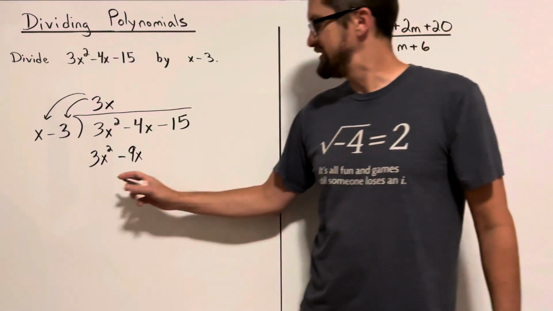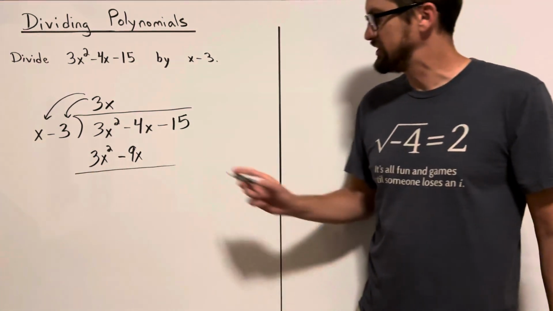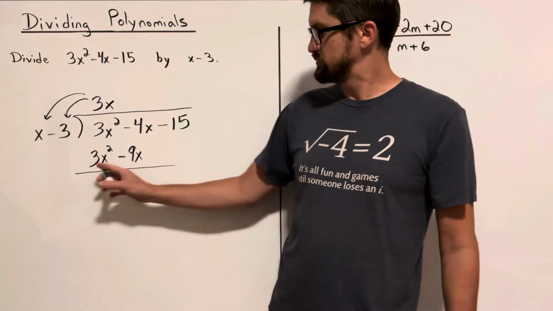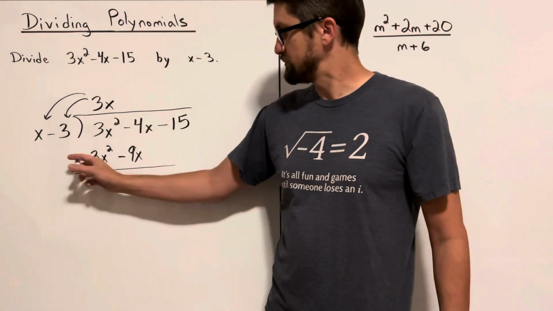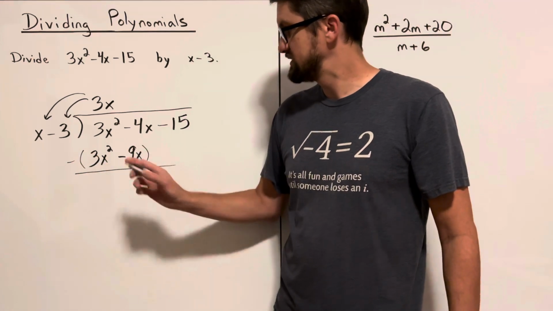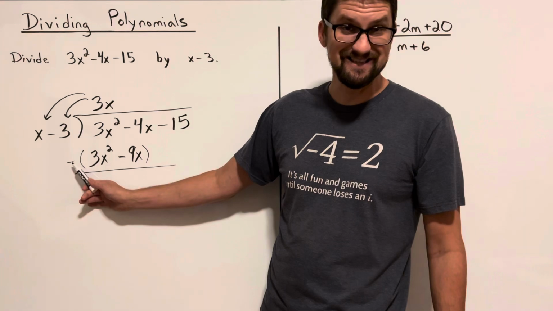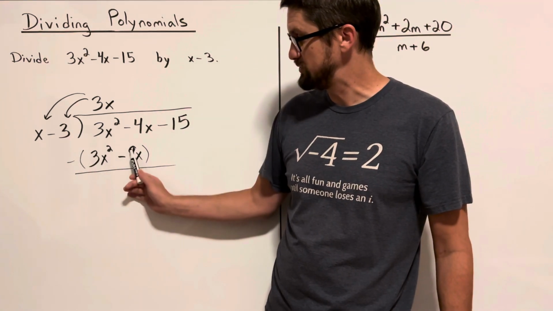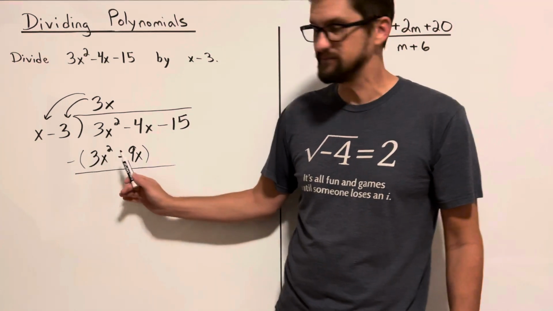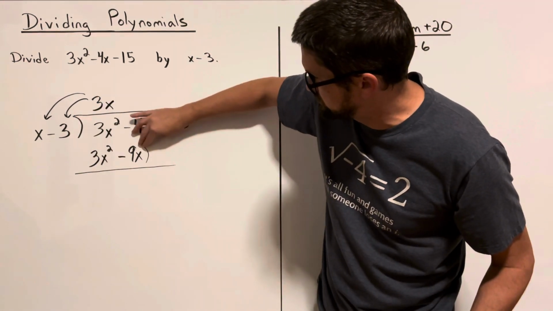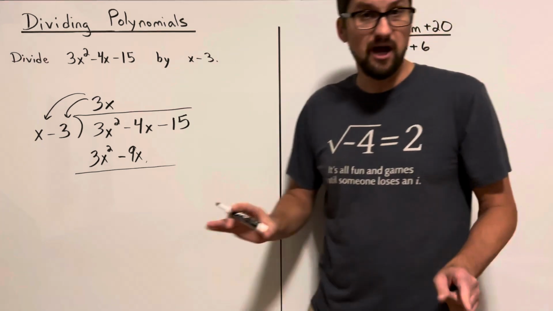The next thing you can do is draw a line here, and then you're going to subtract. Now you need to be careful on this step. You're subtracting both the terms. It's kind of like subtracting it in parentheses here. So this negative sign is going to distribute and change the signs here. So really, when you subtract, you can kind of just change the sign.